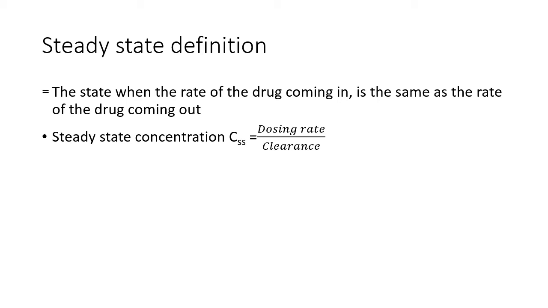This is an important concept when we're looking at, for example, giving slow intravenous infusions of the drug in places such as intensive care, or where we're giving a set dose of the medication on an oral basis, say every day, long term. In those cases, the average steady state concentration is dependent on our dosing rate divided by the clearance.